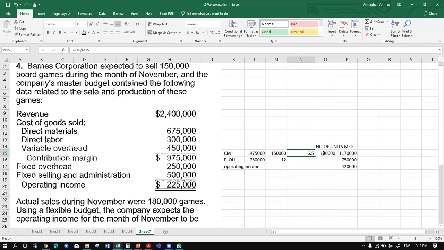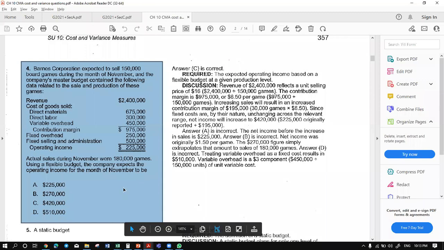So we got 1,170,000, the budgeted contribution margin for November. And the fixed overhead they have given is only for November, so we'll minus all 750. That will be the operating income of that month. This is what we discussed, right?